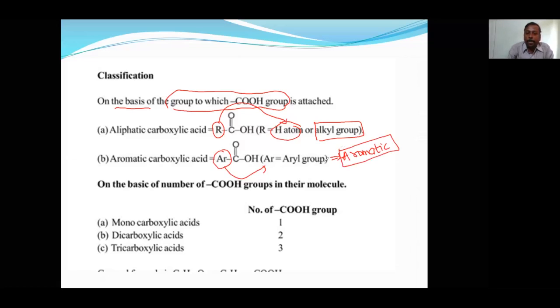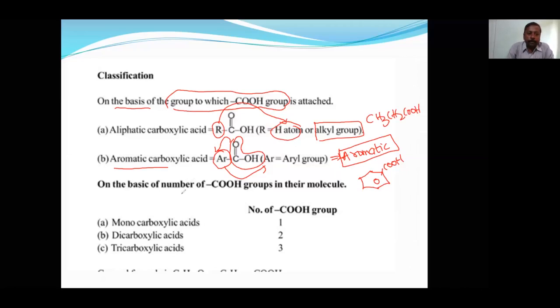If the COOH group is attached to any benzene ring or any aromatic, then it is called an aromatic carboxylic acid. Benzoic acid is an example of aromatic. Propanoic acid, CH3CH2COOH, is an example of aliphatic.